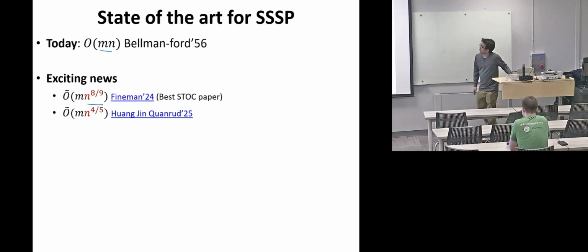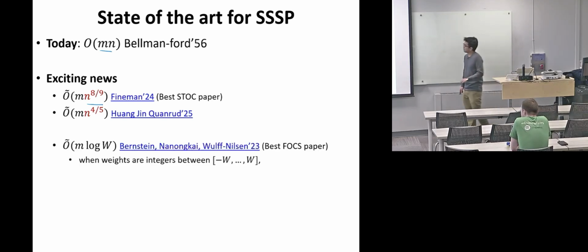Okay, so that's nice, but there is even more. There is really another fantastic work which shows this. You can actually get something like m near linear when you assume that the weights or the lengths are integers between, let's say, minus w and w, and usually you think of this w as n cubed or some polynomial in n.